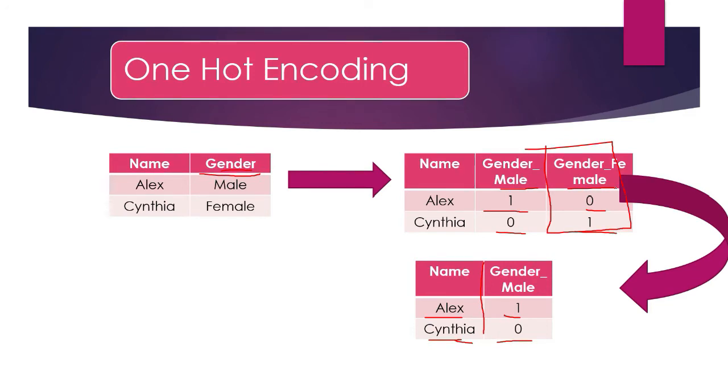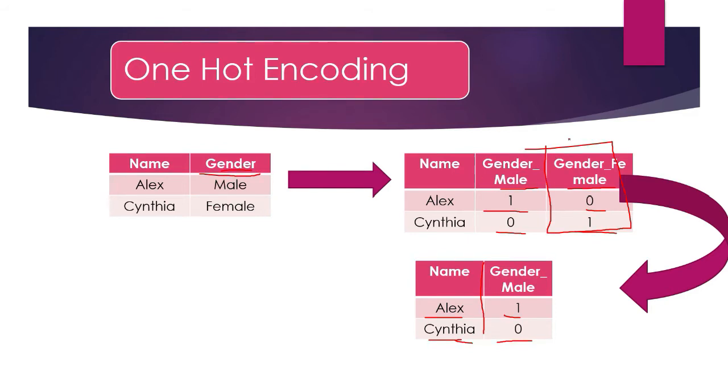Then they will create a lot of new columns, and that will increase the size of your data frame as well as its complexity. It will become hard to read the data frame. That is the reason we usually discard one column from our new encoded data set.